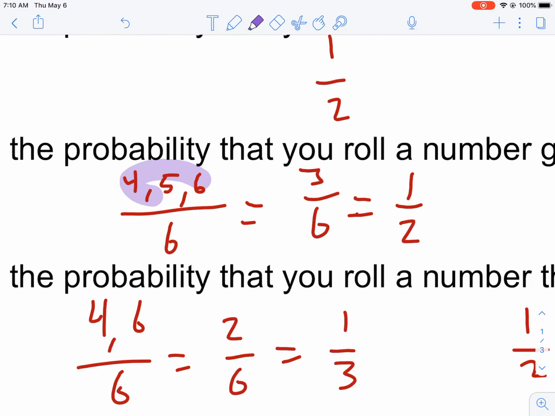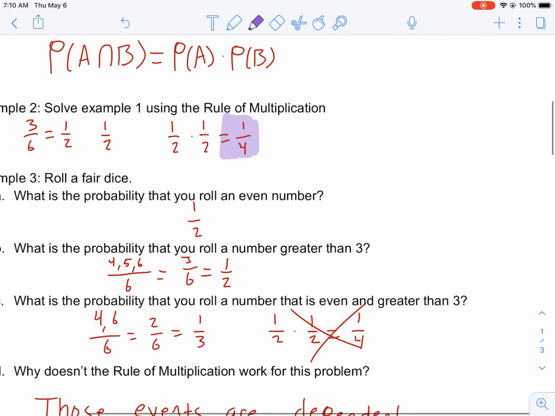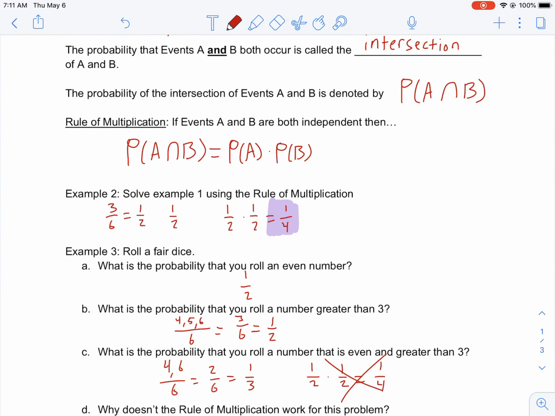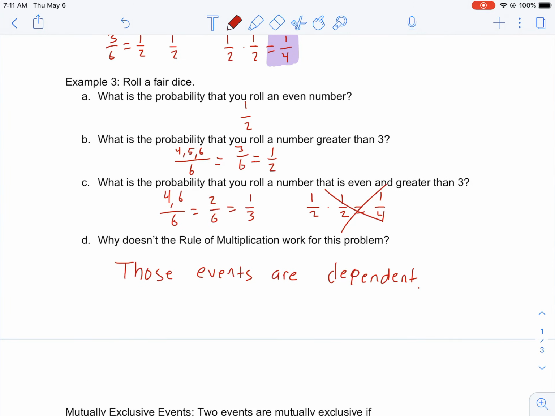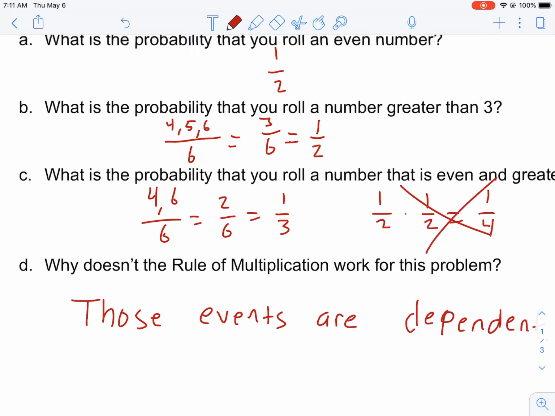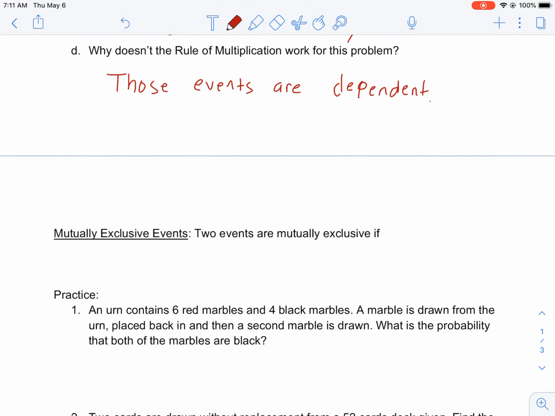There's 3 numbers that are greater than 3, and 2 of them are even. That's not a half, that's 2/3, okay? So that changes the outcome. So that's why you can only do this if your events are independent, okay? I know that's kind of hard, but sometimes you just have to look at the favorable outcomes like we just did here to see what's going on. So that's the answer to that question.